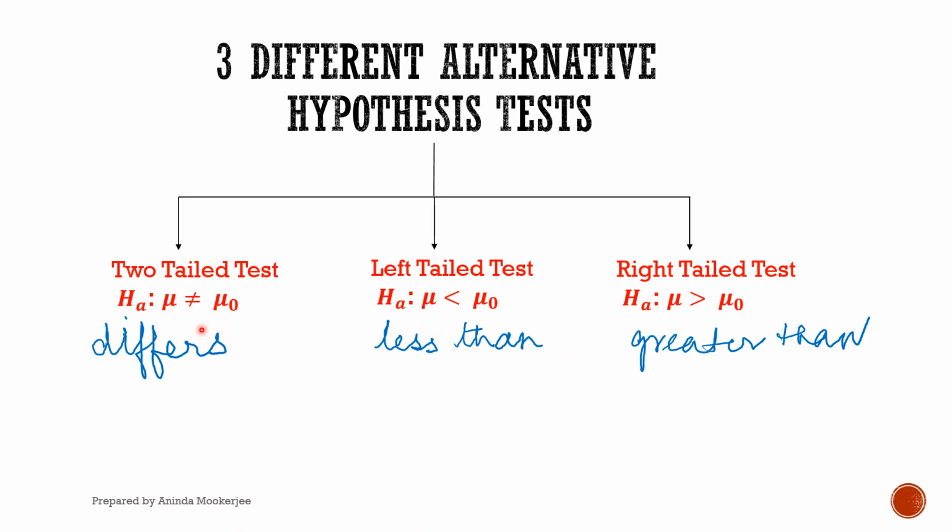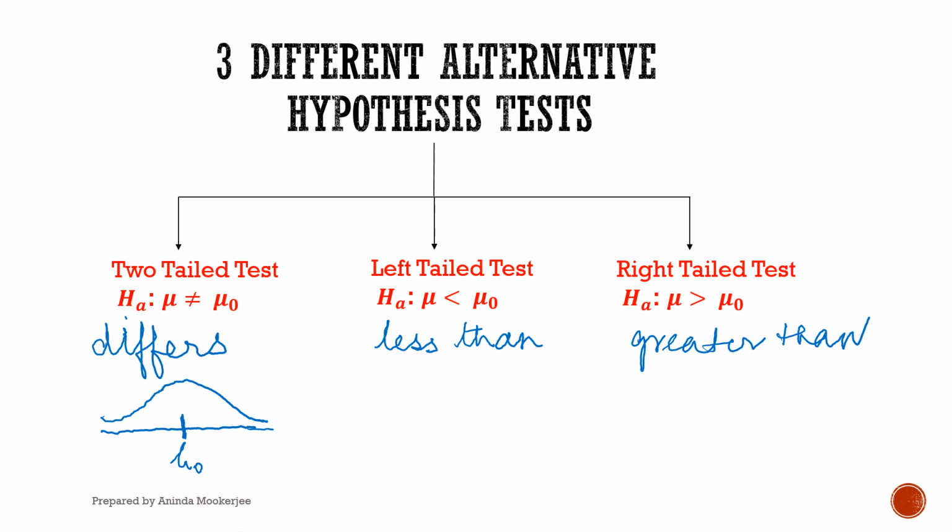When we have a not equal to in our alternate hypothesis, it makes it a two-tailed test. So if I draw my normal curve, the null hypothesis mean will be somewhere at the center of the curve. That's where the null hypothesis mean is located.